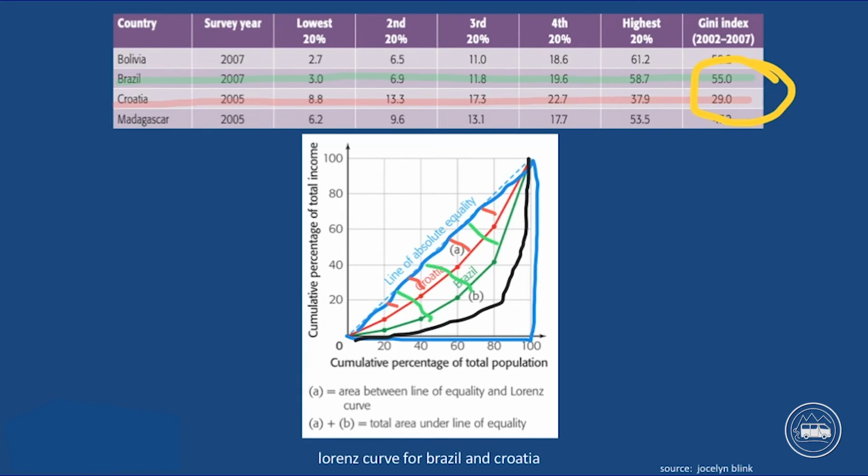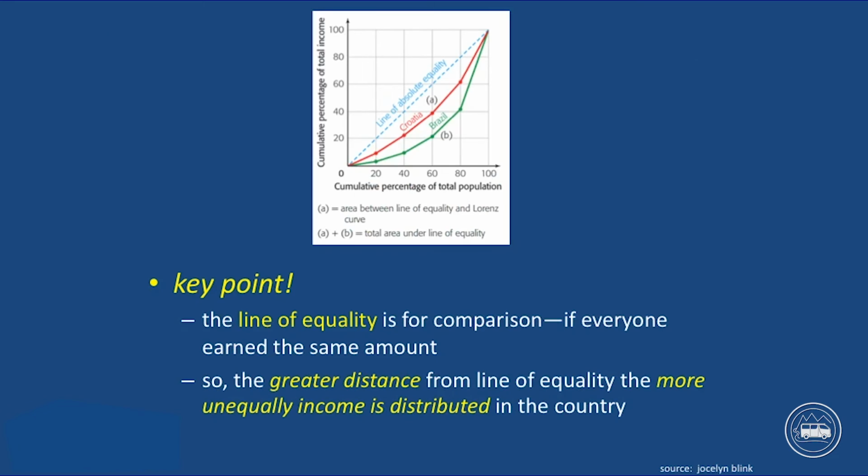And you can know that because what that means is that this area from the black line to the blue line is larger, therefore closer to 1, than it is for the green line in Brazil or the red line in Croatia. That's going to help you so much. If you don't understand that, rewind and get it in your head. Okay? Excellent. Last slide.